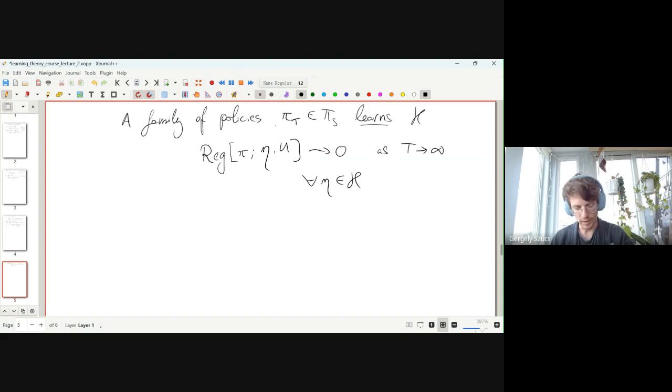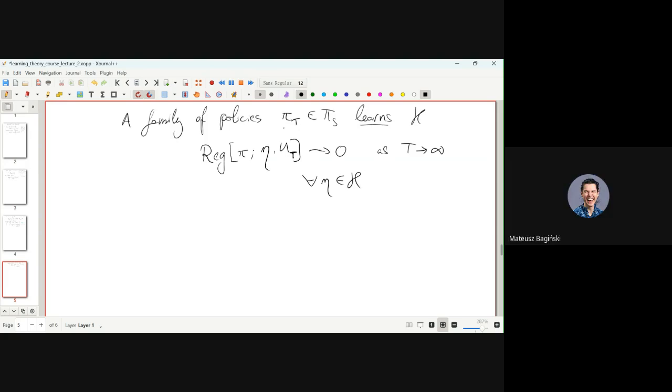This is a weaker definition, where we allow the policy to depend on the time horizon. It should be regret of pi t. And then anytime learning is a stronger property, where the policy is independent of the time horizon. Yeah, right. Yeah, thank you.